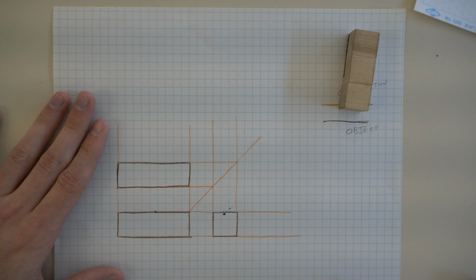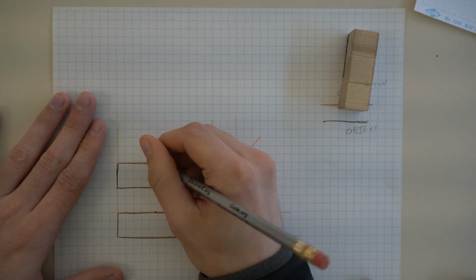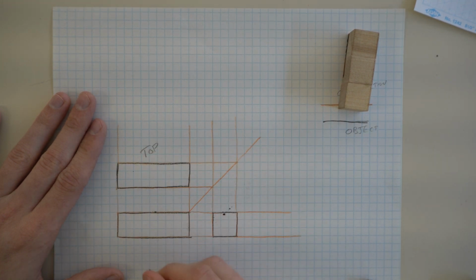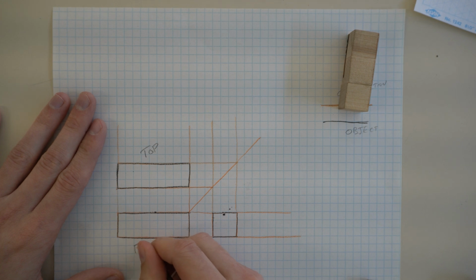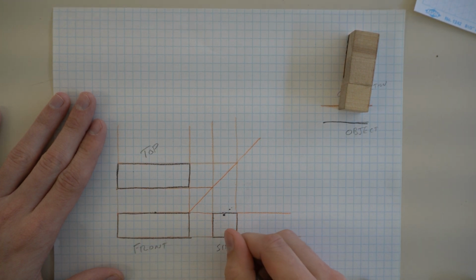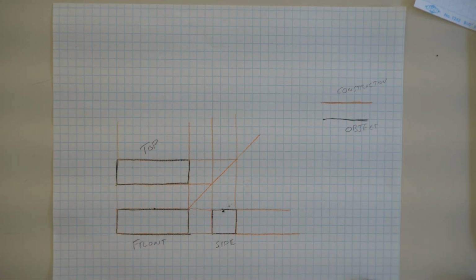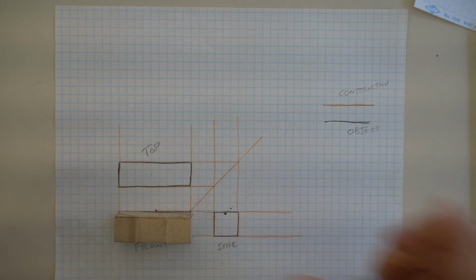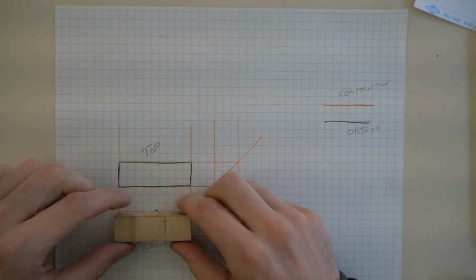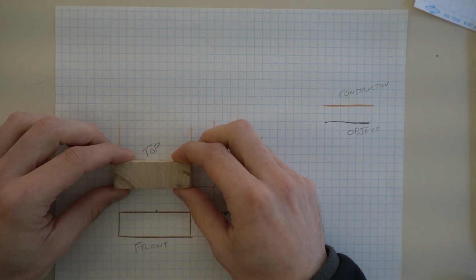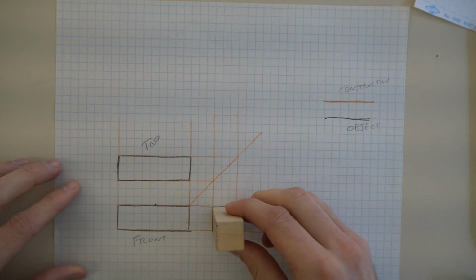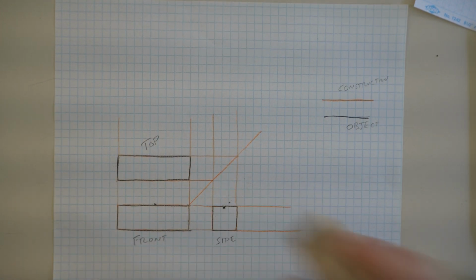And that would finish. So I've got my top view right here, my front view right here. Front view should always be this corner, and my side view to this side of it. And if I went and looked with my block, you can clearly see front, top, and then side all fit as they should.